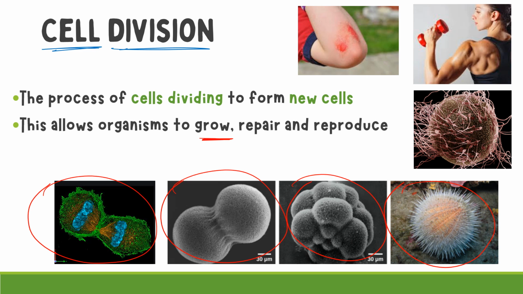If you get an injury, your skin or your bones or your muscles, whatever you damage, will divide to repair that damage. And then to produce sperm and eggs for reproduction, cells will undergo cell division to produce sperm and produce eggs. And we can see here one of these sperm is going to fertilize that egg cell.